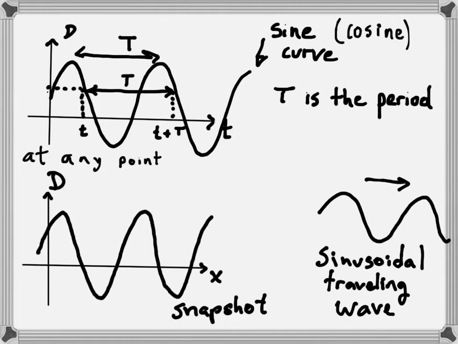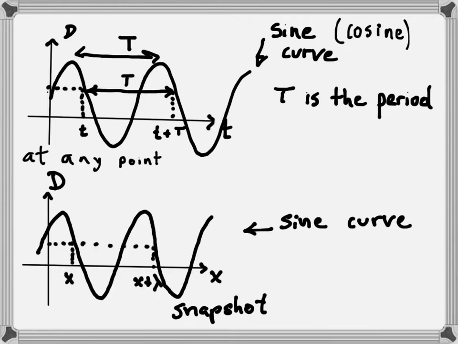Now the profile of the rope, that is when we take a snapshot of the rope, again going back to the example of the wave moving in a rope. When we take a picture of this rope, the displacement versus position along the rope is, as we said, also going to be a sinusoidal function.